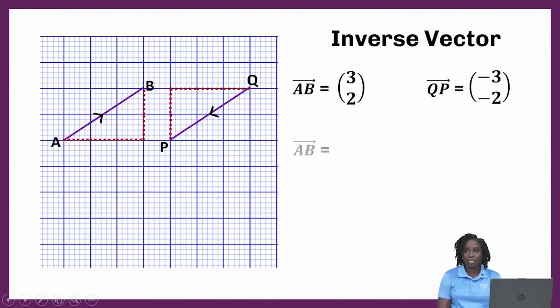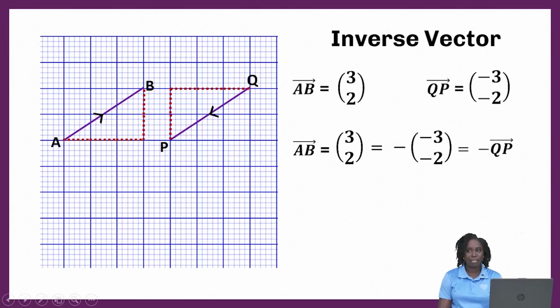Now, what does it mean to be inverse? Let's compare AB and QP. AB is equal to 3, 2, which if I look at QP, QP looks similar to AB except there are some negative signs there. So if I say negative QP, that would therefore mean that it is equal to AB. Why?